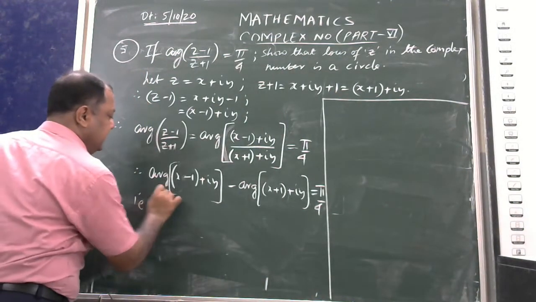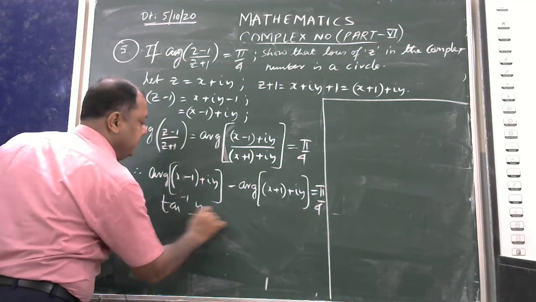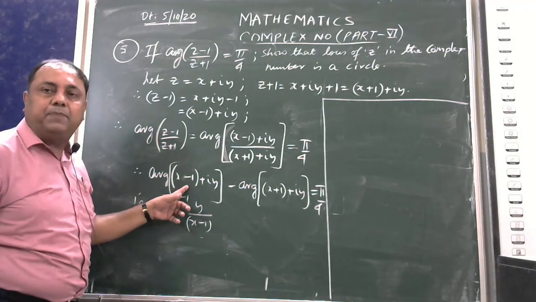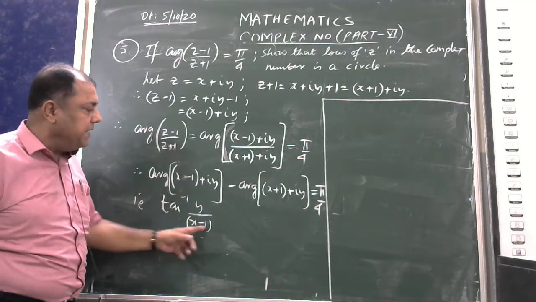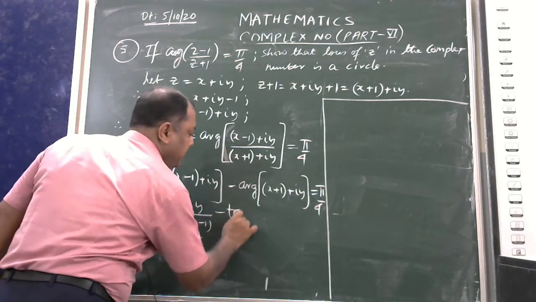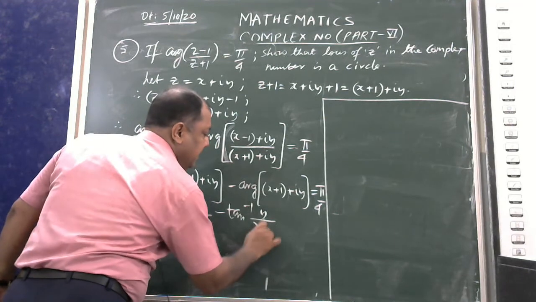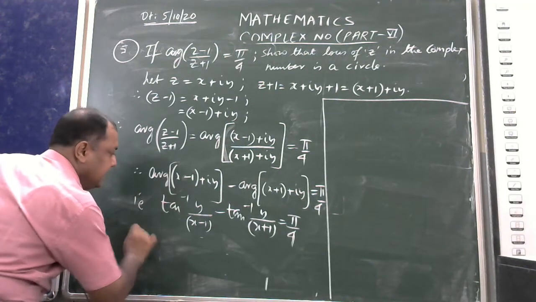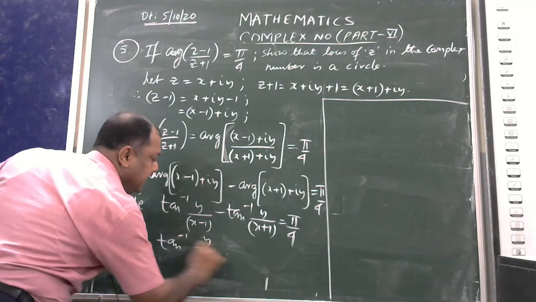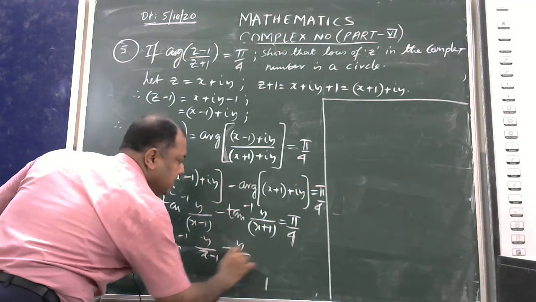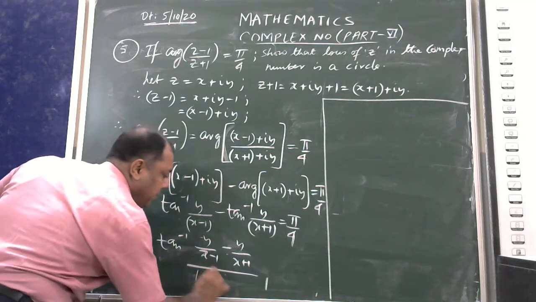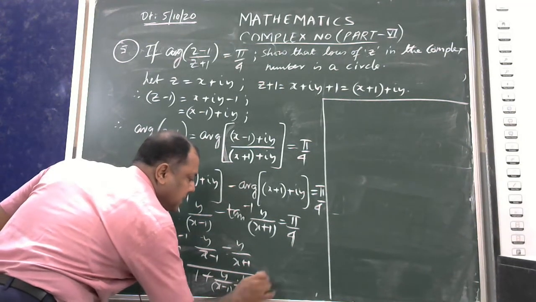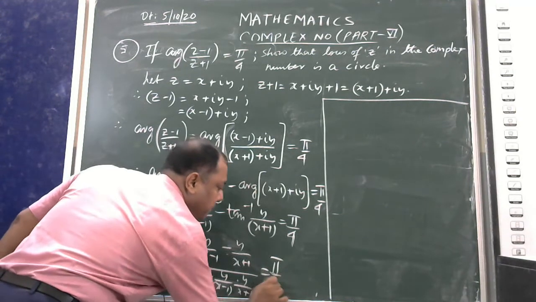That is tan inverse y by x minus 1. This is the imaginary part, this is the real part. I will write tan inverse y by x minus 1, and similarly tan inverse y by x plus 1 is pi by 4. That is tan inverse of y by x minus 1 minus y by x plus 1, and in the denominator 1 plus y by x minus 1 into y by x plus 1, is equal to pi by 4.